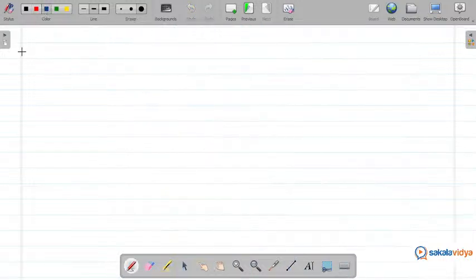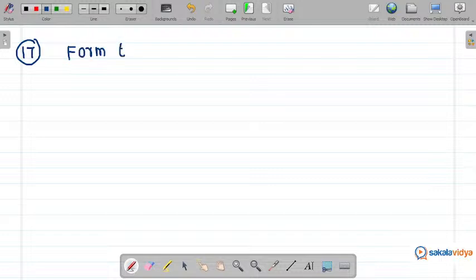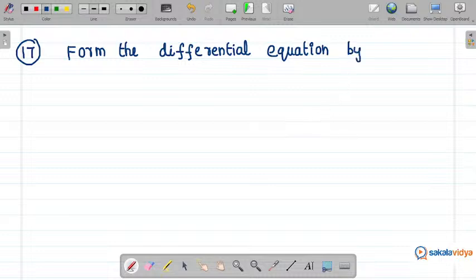Form the differential equation by eliminating the arbitrary constant.